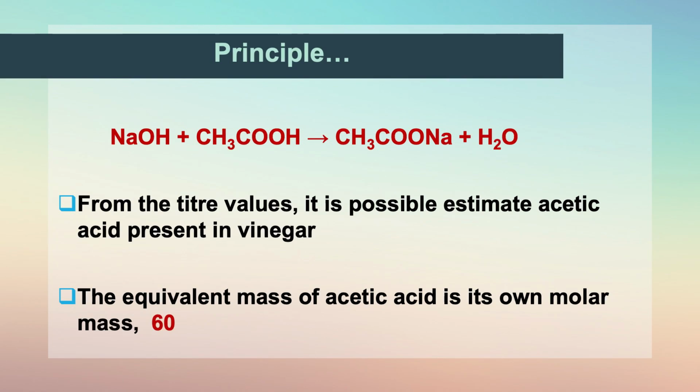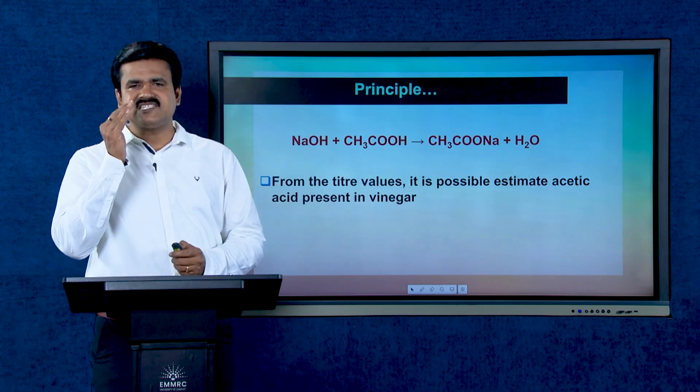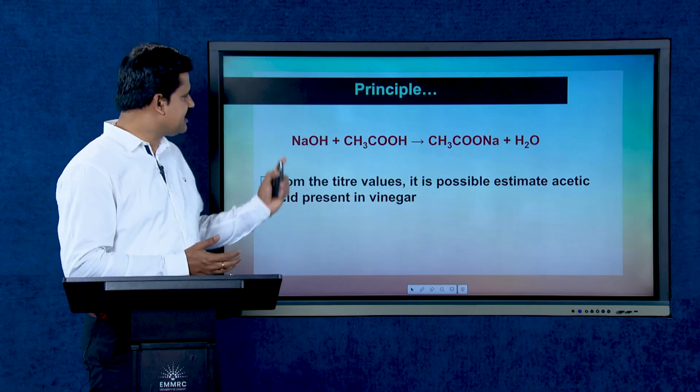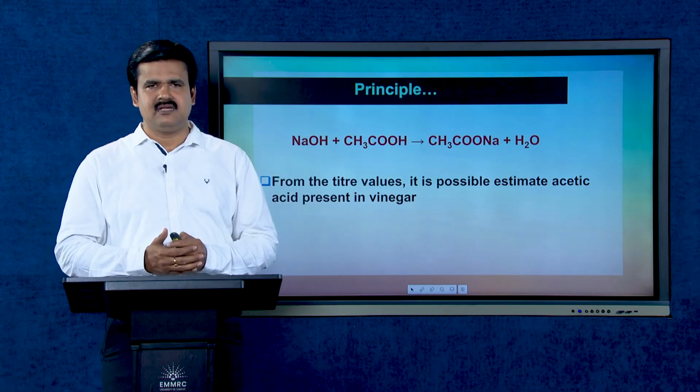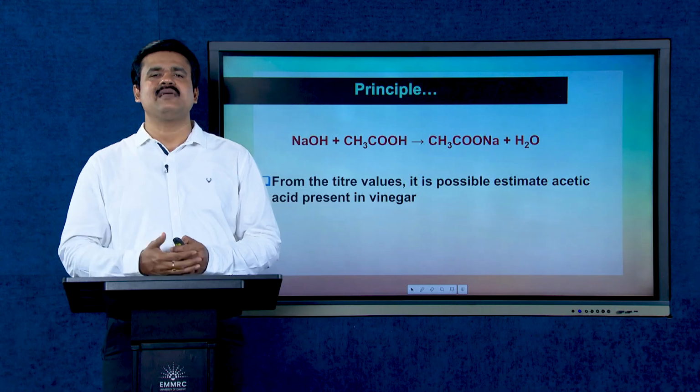NaOH plus CH3COOH gives CH3COONa plus H2O. CH3COONa is sodium acetate. So, sodium acetate is the product. From the titer value, it is possible to estimate acetic acid present in vinegar. Most probably, this value is represented as a percentage.